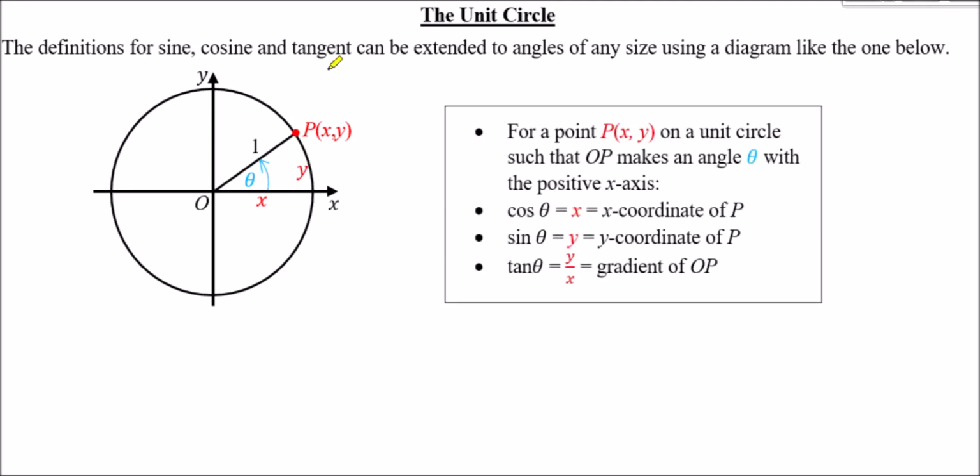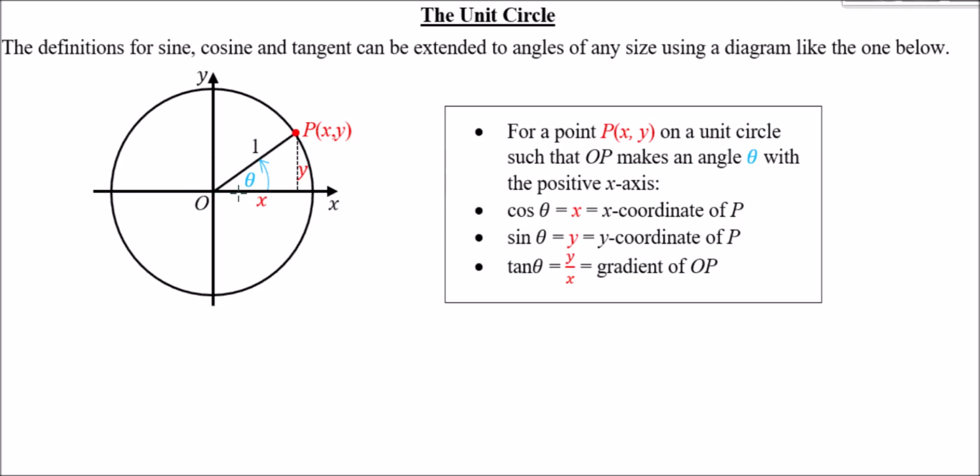So for a point P, (x, y), on a unit circle such that OP makes angle theta with the positive x-axis, then cos theta equals x, that will give the x-coordinate of P, and sine theta, which is y, will give the y-coordinate of P. And so y is going to be this distance here, and x is this distance along.